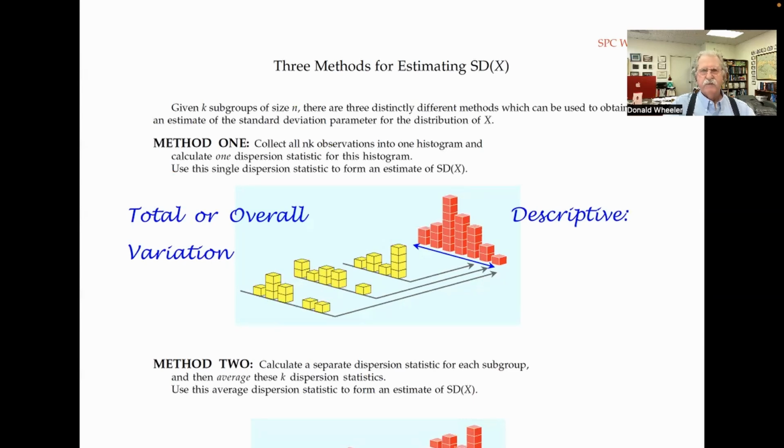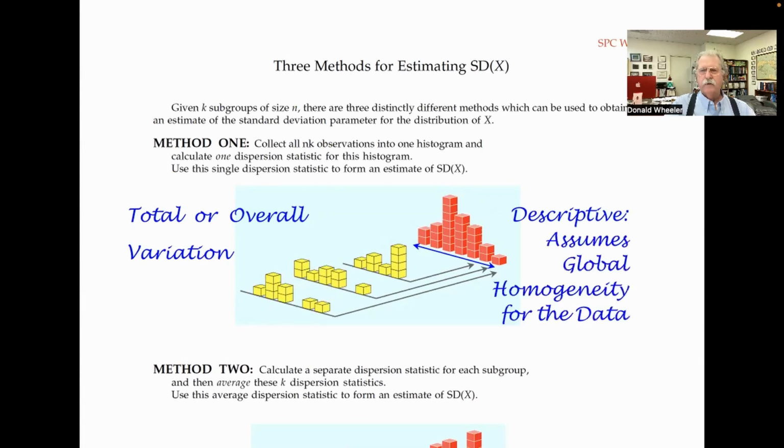And as a descriptive statistic, that's why it's taught in your introductory classes. But method 1, the total or overall variation, makes an assumption that the data are globally homogeneous. Assumes global homogeneity for the data.